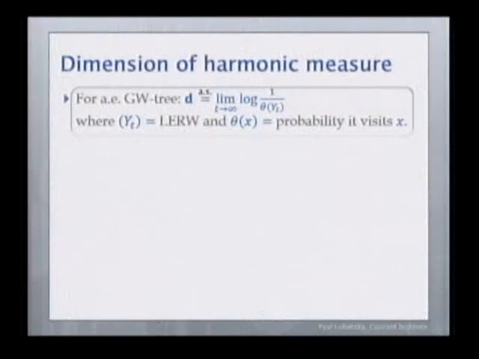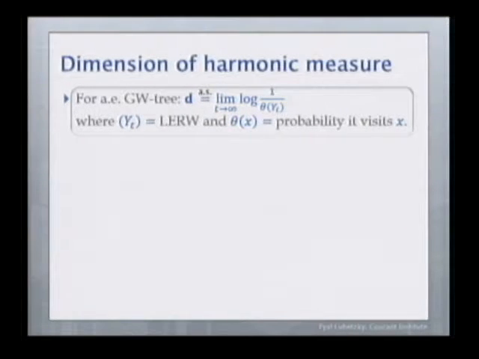It's a theta of x. If you have a fixed infinite tree, these are deterministic quantities.